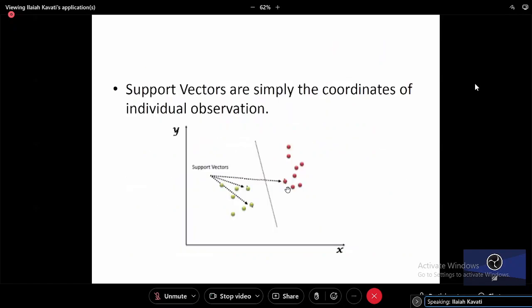See here, we have a set of data points. Among these data points, you can see the support vectors; three are chosen as support vectors. Just observe: on the left side, all the objects are very close to each other, and on the right side also, these objects are very close to each other.